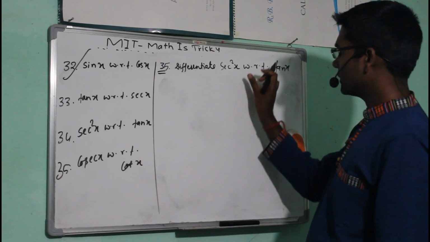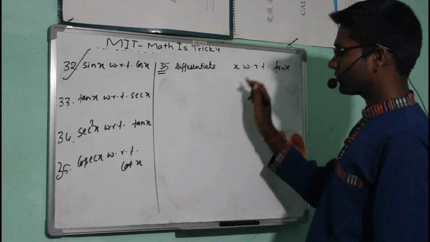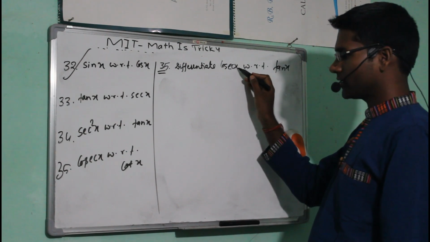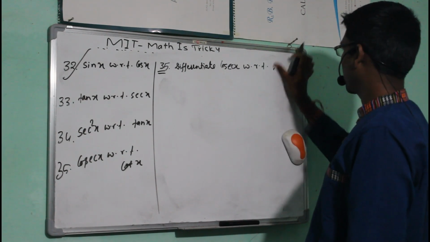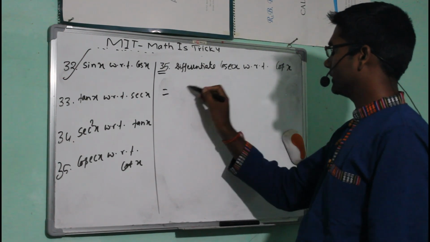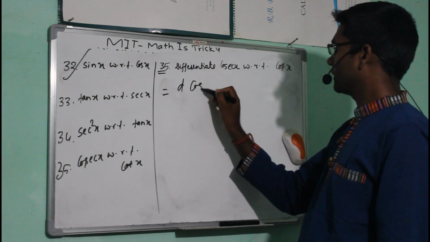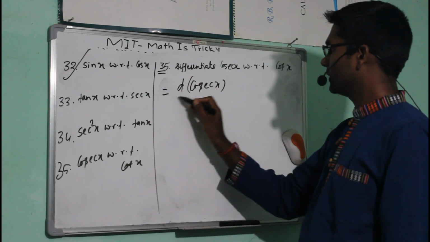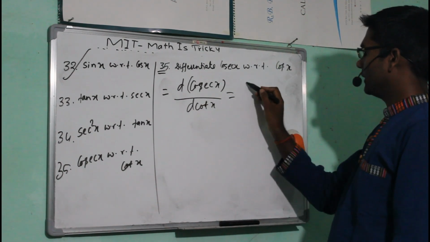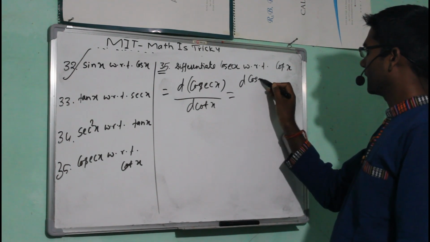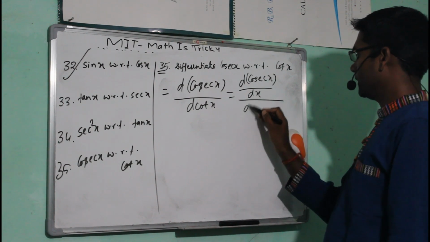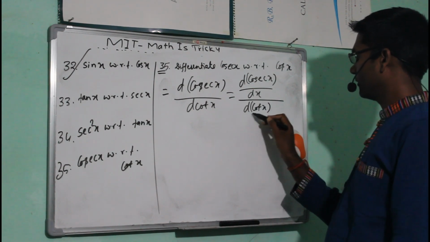Okay, so the last question for today, question 35, cosec x with respect to cot x. Whatever is given there, you always follow this method. So d cosec x by d cot x. Let's divide both by dx, d cosec x by dx and d cot x by dx.